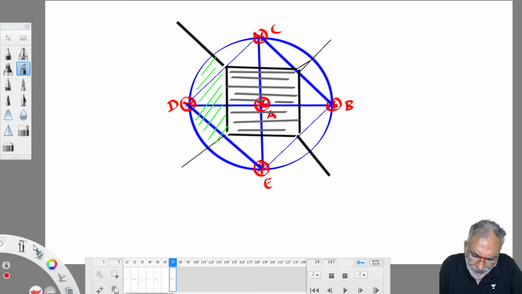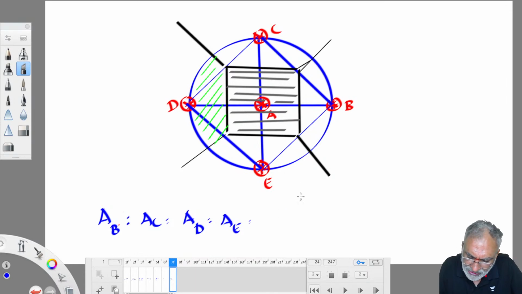So all peripheral stations take how much area? AB is equal to AC is equal to AD is equal to AE, it is circle area minus square area. Circle area is pi by 4 d square, minus the square area, this small square is there, no?